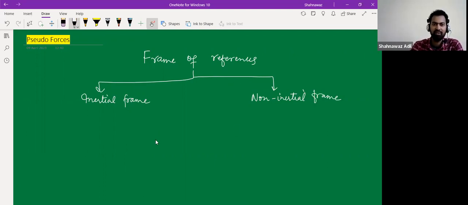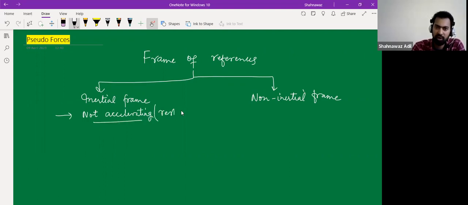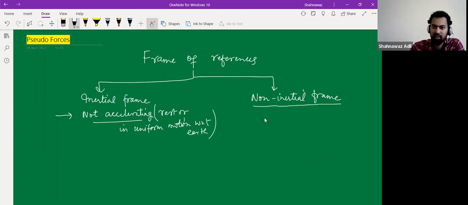So what is an inertial frame? The frame which is not accelerating. Meaning it is either at rest or in uniform motion, right? With respect to Earth. And what is a non-inertial frame?